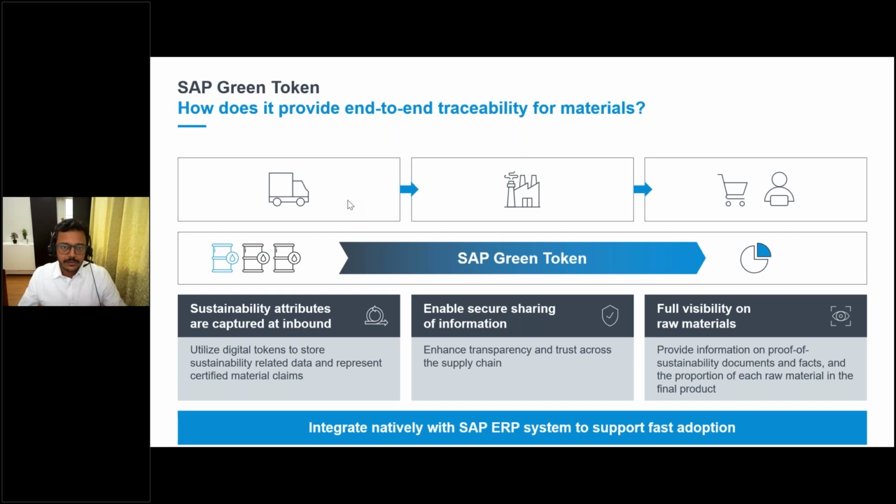And this is where all of the sustainability attributes are captured at this early stage. Once we have the raw materials in, Green Token can help you trace how much of that stock is certified quantity versus conventional quantity.